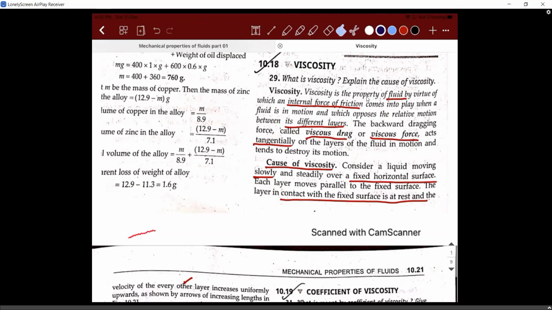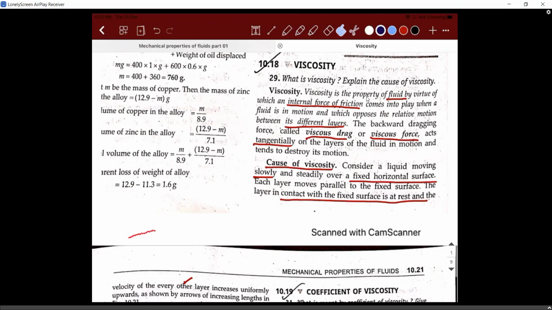So what is the cause of viscosity? The top layer will try to accelerate the bottom layer, but the bottom layer will not cooperate, right?